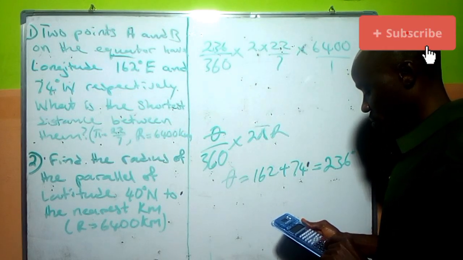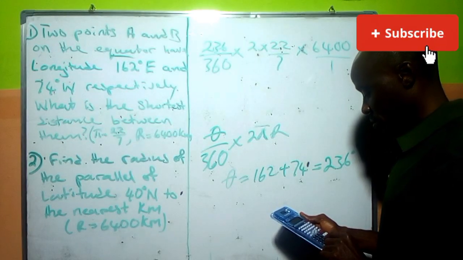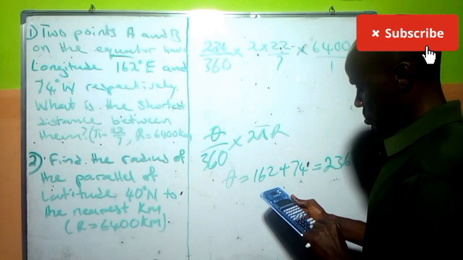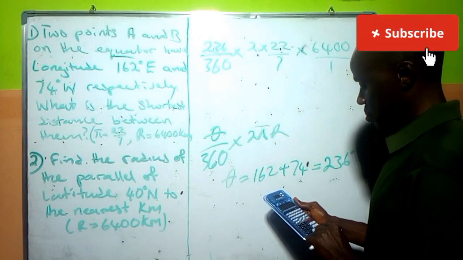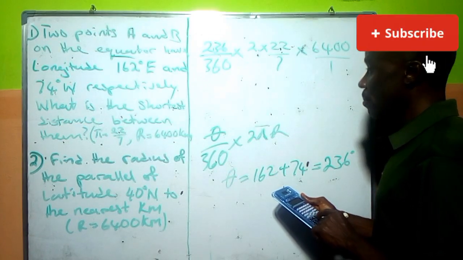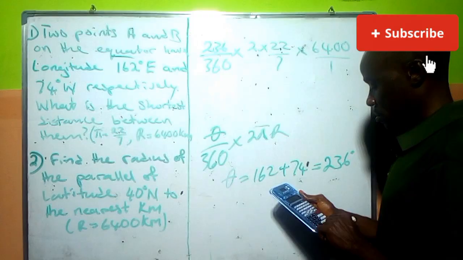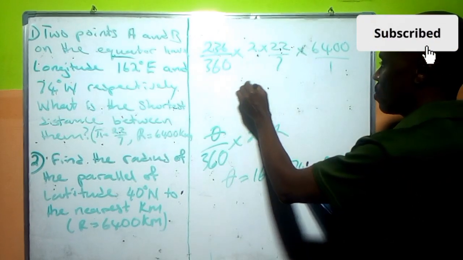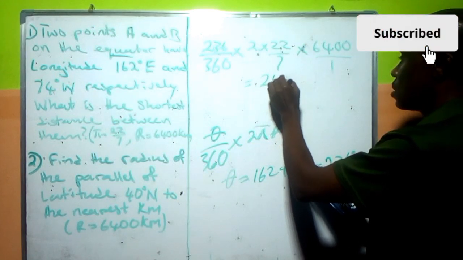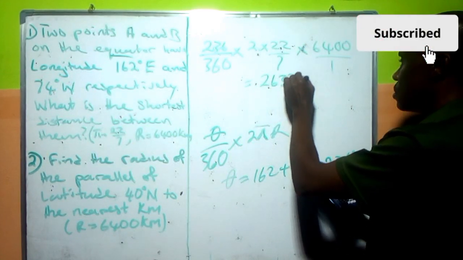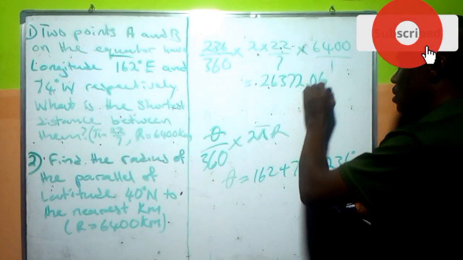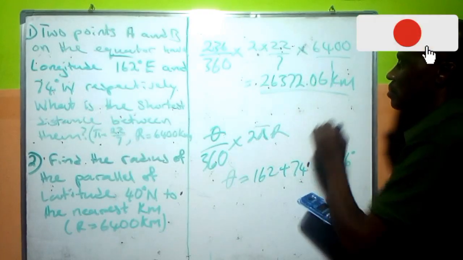Times 2 times 22 times 6400, dividing by 7, so what we have here will be equal to 32637.06 approximately kilometer.